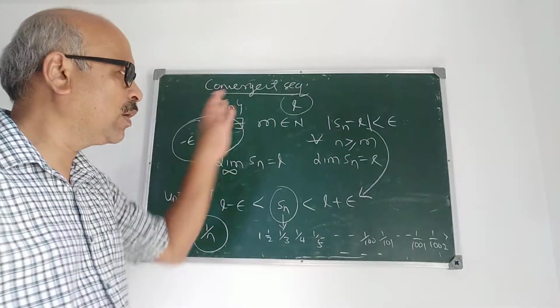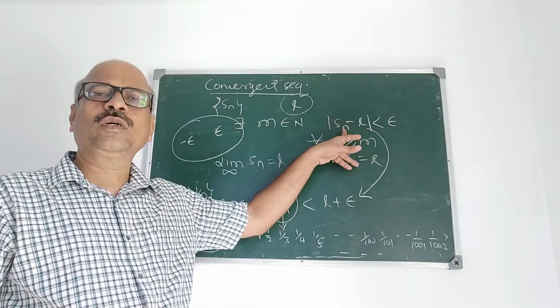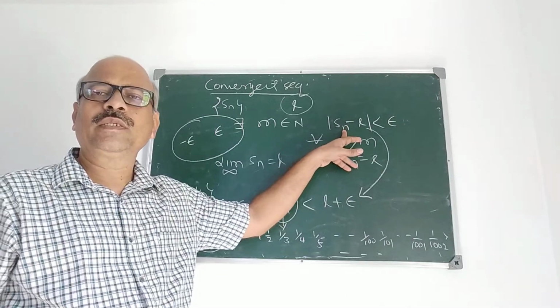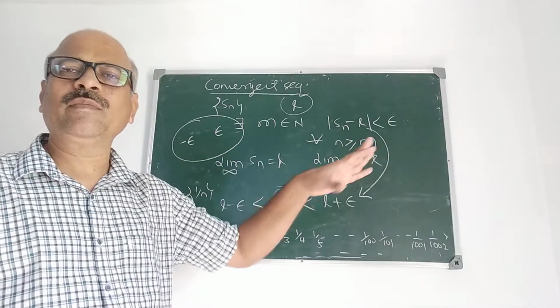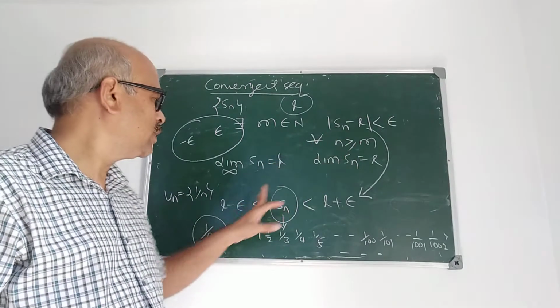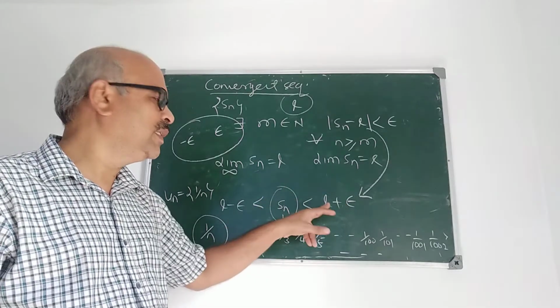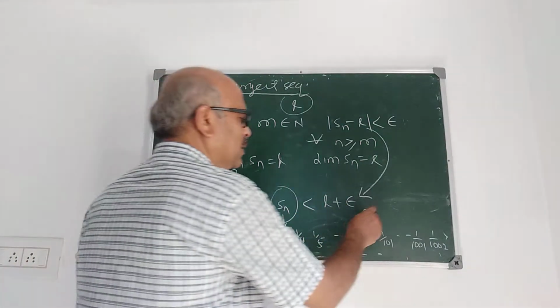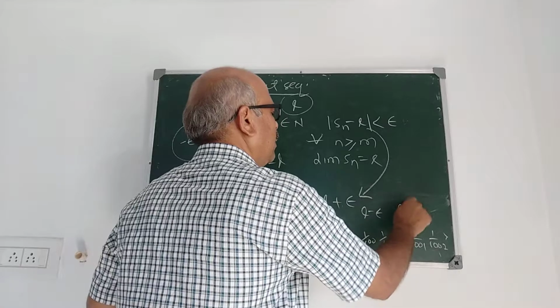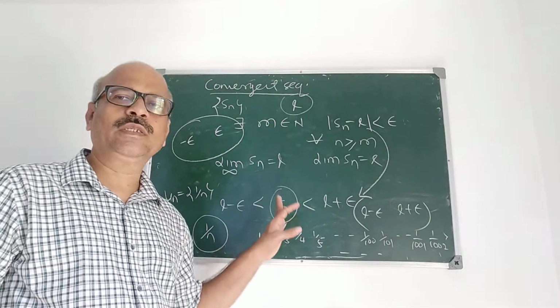The broad meaning is, if the sequence consists of an infinite number of terms and the terms lie between L minus epsilon and L plus epsilon, then we say that the sequence converges.